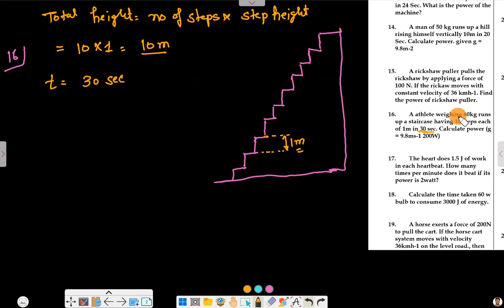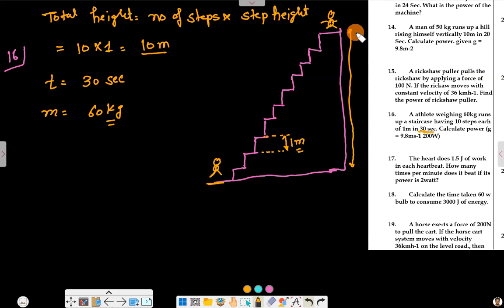Now his mass is already mentioned, 60 kg. So as we know, suppose here is the athlete. At starting he was at ground level. Now he is at the top level. So what has changed? His height has changed. There has been vertical movement.